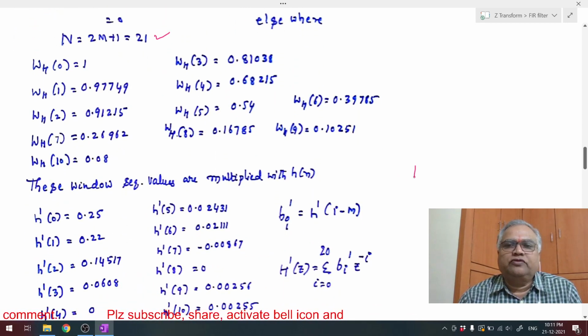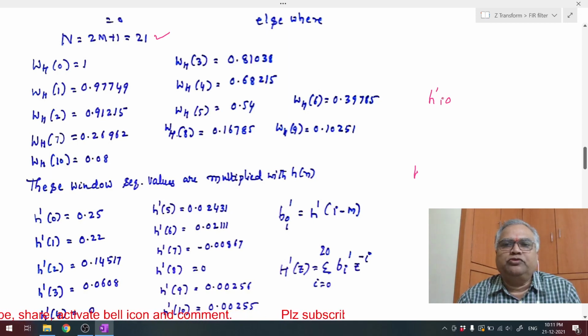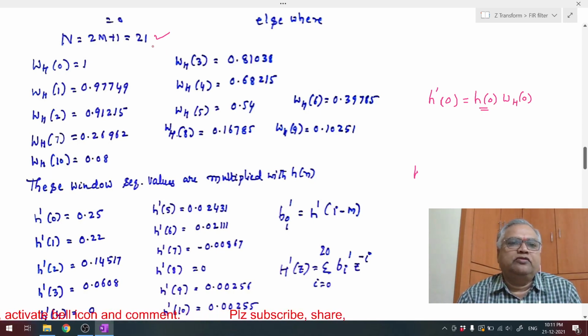That means h cap or h prime of 0 equals h of 0 times W_H of 0. Fourier series is already done, so h of 0 and W_H of 0 are available. That value is 1, so multiply and you will get h prime of 0.